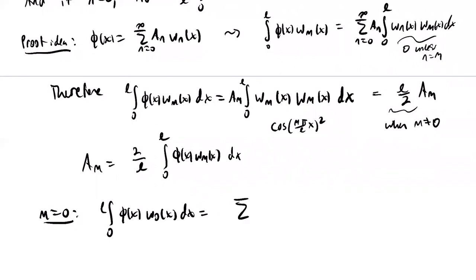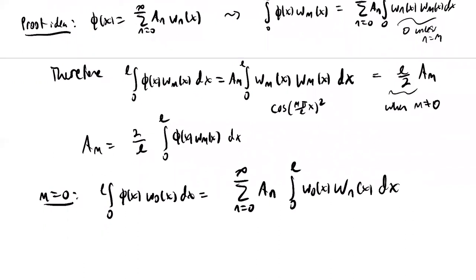And so this ends up being the sum from n equals 0 to infinity of an times the integral from 0 to L of just w0 of x times wn of x. And so just as before, this is 0 unless n equals 0. Again, it's a similar calculation.